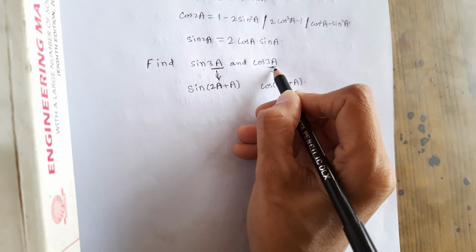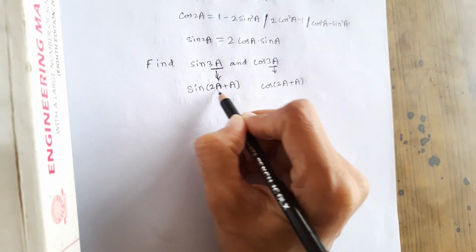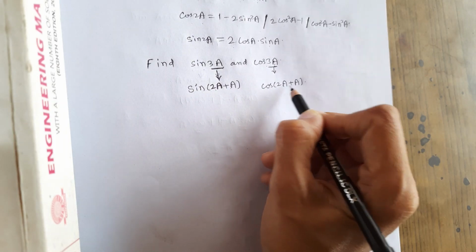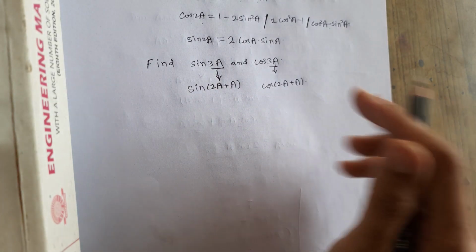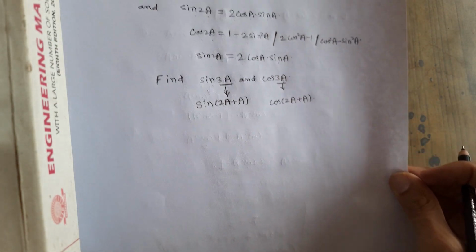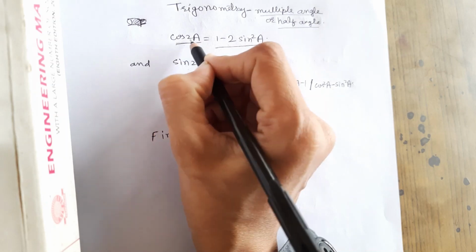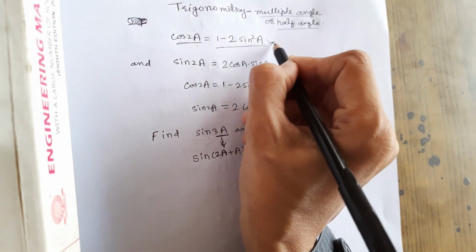because 3a we can write as 2a plus a, and cos 3a we can write as cos of 2a plus a. By using the same logic that we used in the previous lecture, we just wrote this as a plus a and we got the result.